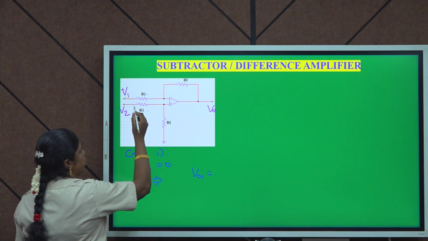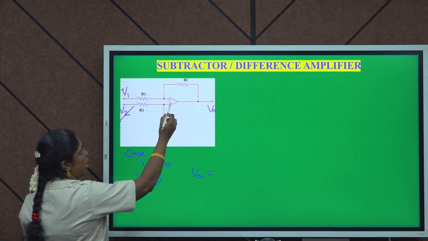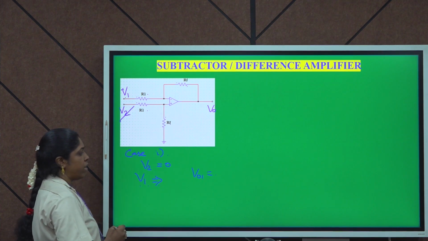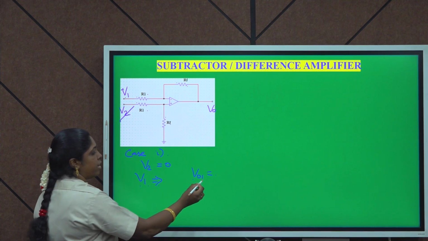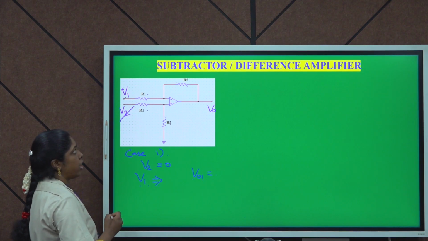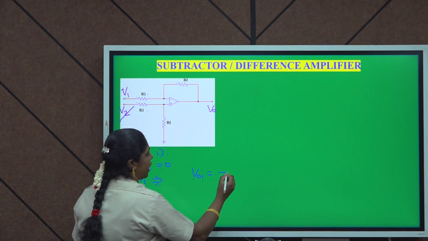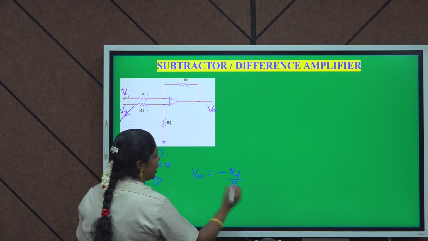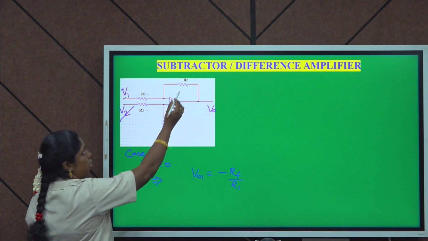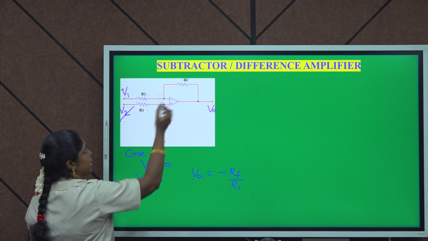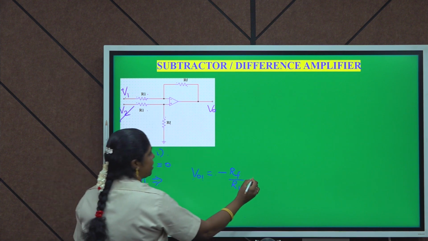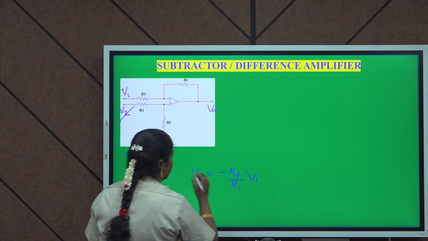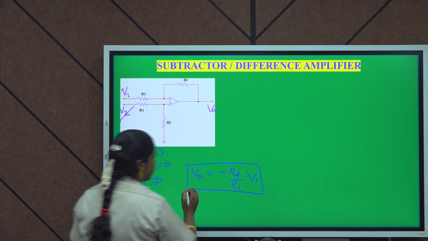When V2 is made 0, this operational amplifier will act as an inverting operational amplifier configuration. So we can write the output voltage V0 of 1 is equal to minus RF divided by R1, which is the gain of the inverting operational amplifier, multiplied with the input voltage V1. So this is V0 of 1.